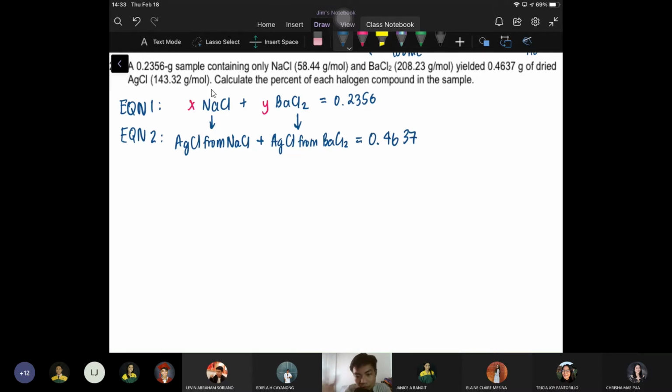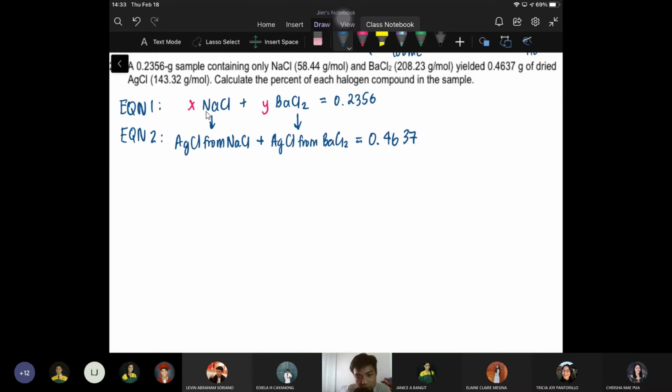So again, dalawa yung working equations natin dito. Una, yung mass ng NaCl plus mass ng barium chloride, that is equal to the sample mass. We don't know the value of X for sodium chloride and the value for Y sa barium chloride. That's why we used dummy variables na. We used X and Y.